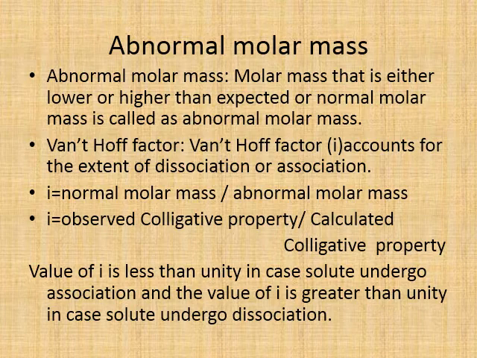It is denoted by a small i, and in formula form, i is equal to normal molar mass divided by abnormal molar mass, or if we are using a colligative property, it is equal to observed colligative property divided by calculated colligative property.